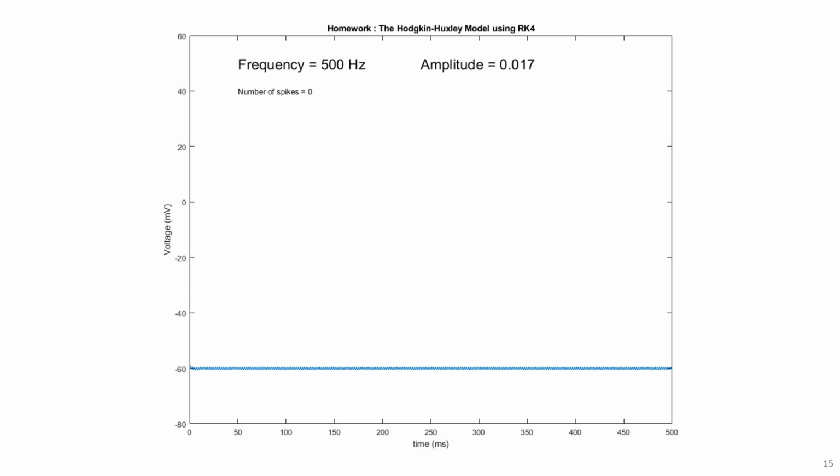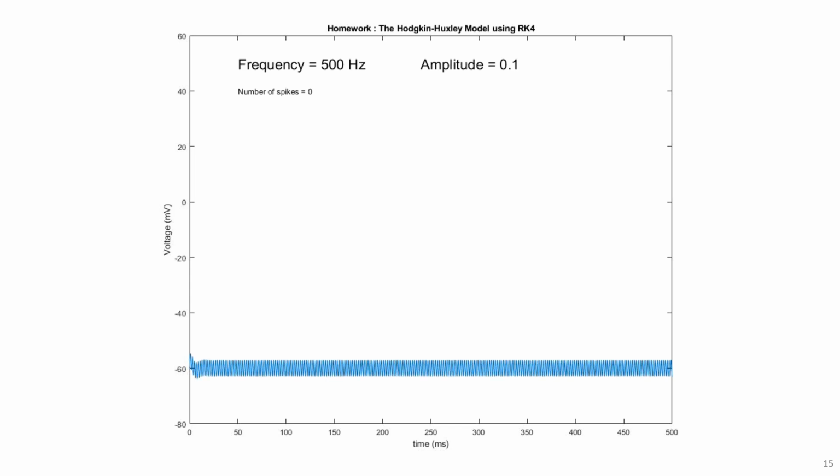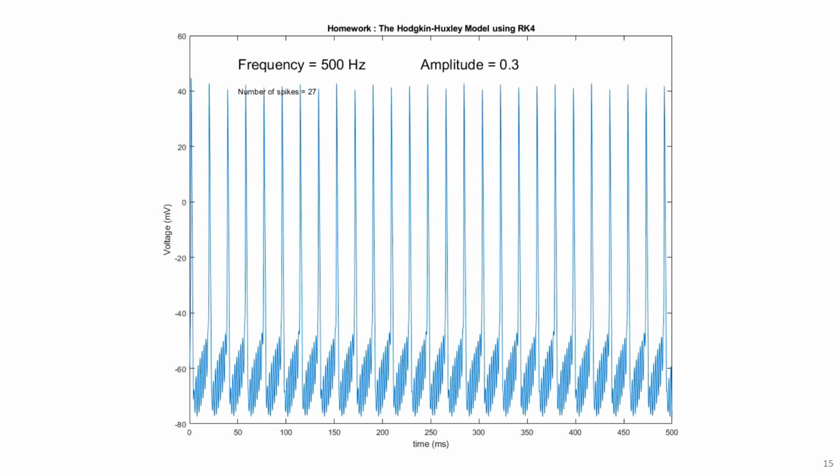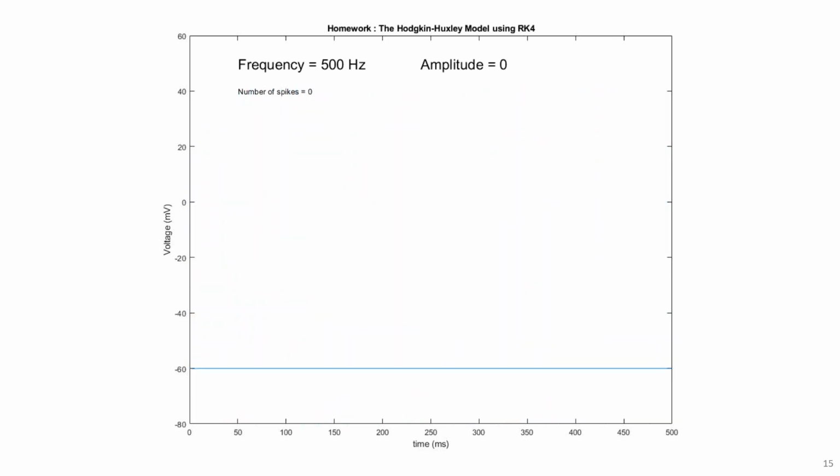Again, I don't have that current thing. I got rid of that, and we are increasing the amplitude, and at about 0.1 we would see the first spike, and even beyond that we would start seeing the spike train. It would just come on any minute. So it's about here now. So we see it right now. We see the spike train at about 0.3. So there we go. We have our familiar spike train, and things are going good.